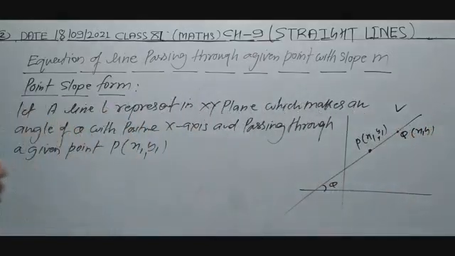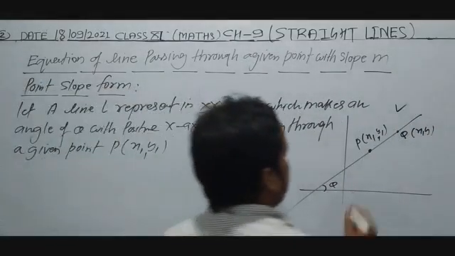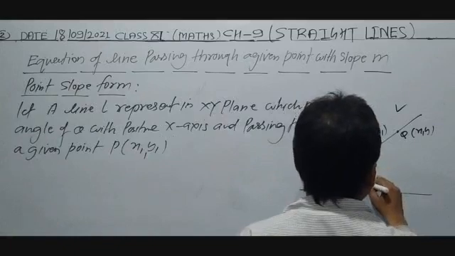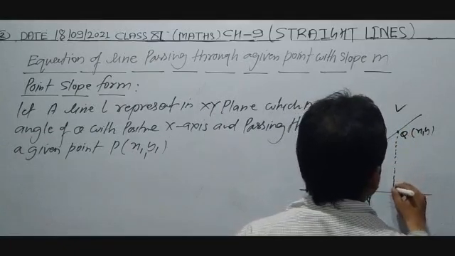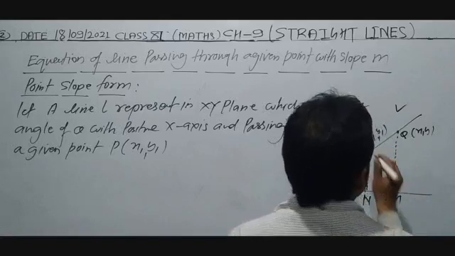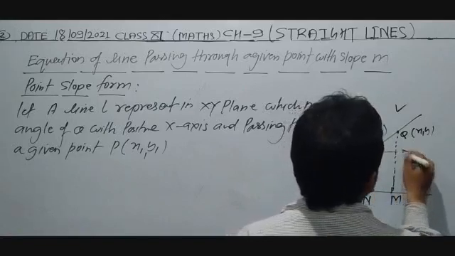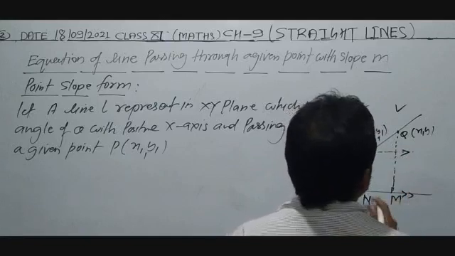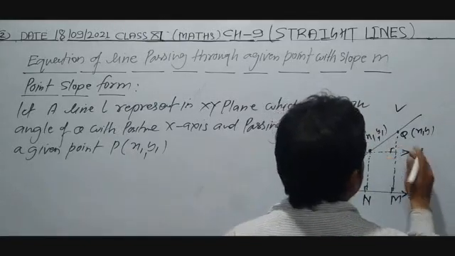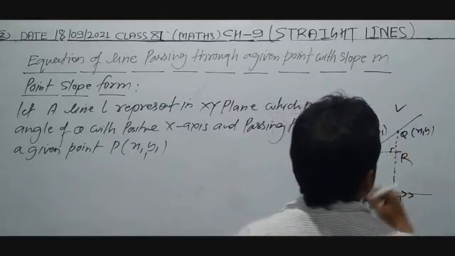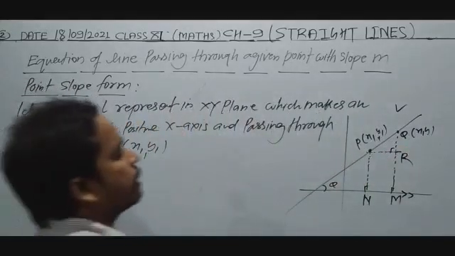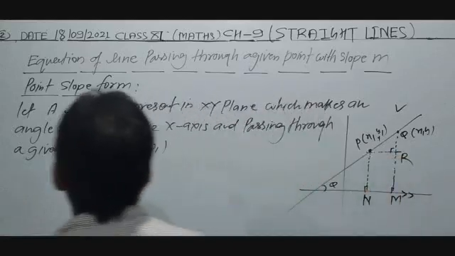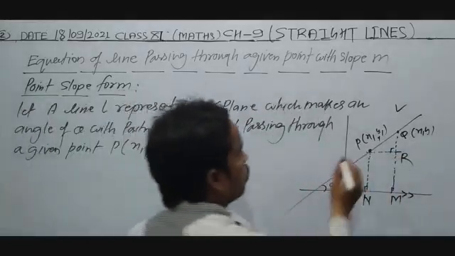So from this figure it is clear that when you draw the perpendicular from P, suppose PN, and this is QM, and a line parallel to the x-axis passing through point P, this will form a triangle, suppose this is R. So in triangle PQR you can take angle QPR equal to theta by the property of corresponding angles. This angle will be equal to theta.